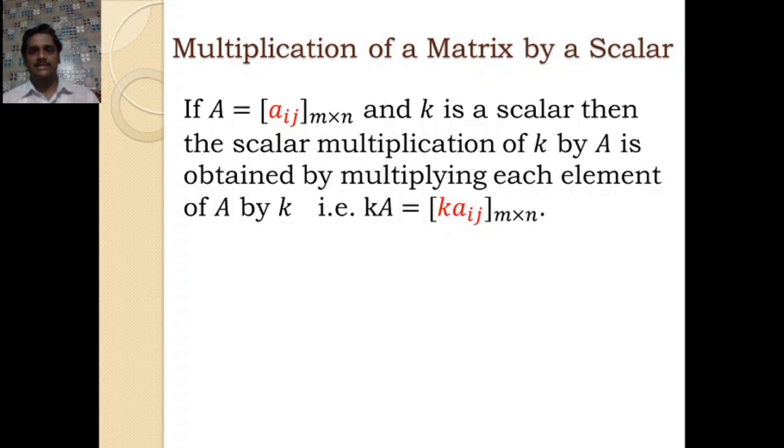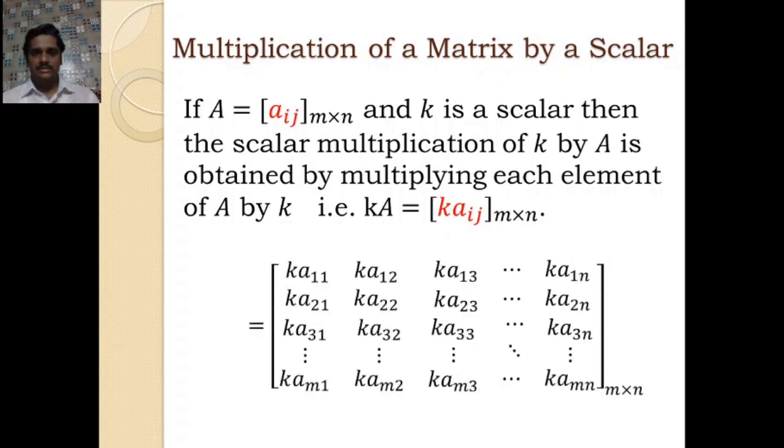The new matrix which you will get after scalar multiplication is obtained by multiplying each element of A by K. Easy? So what you need to do here is multiply each element of A by K to get the scalar multiple of A.